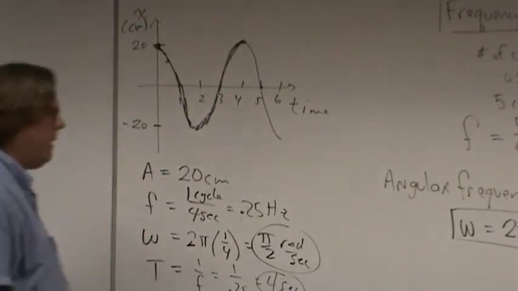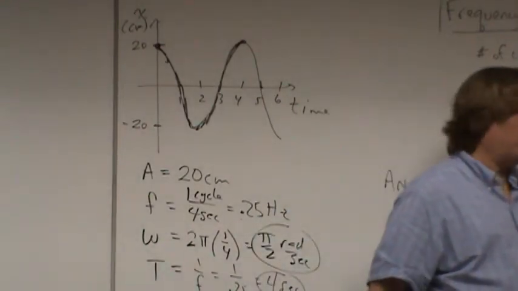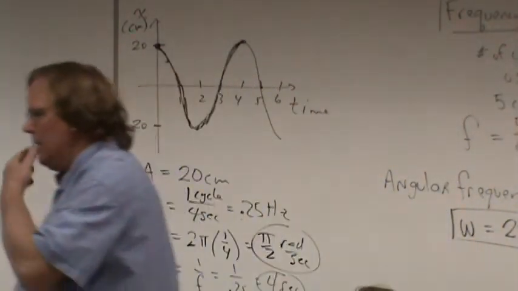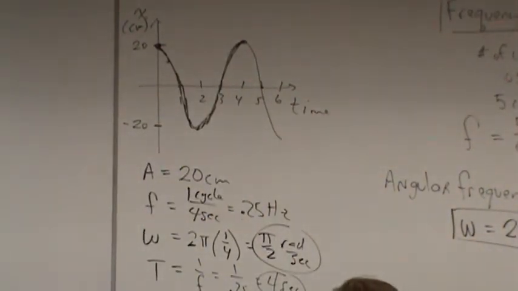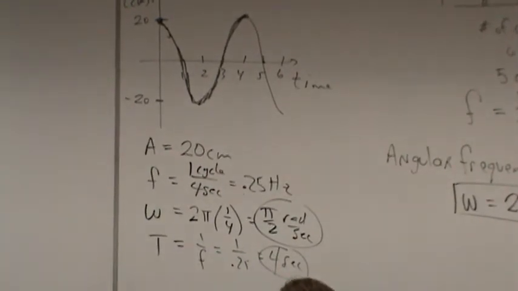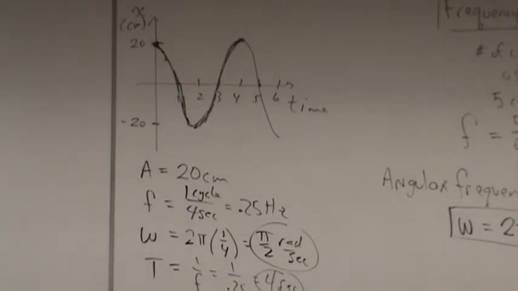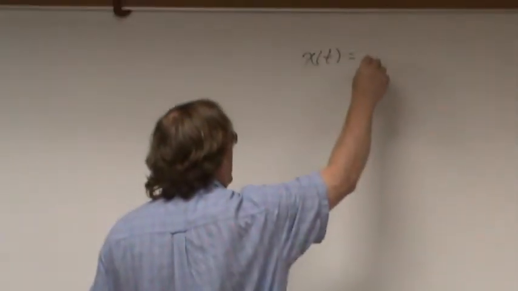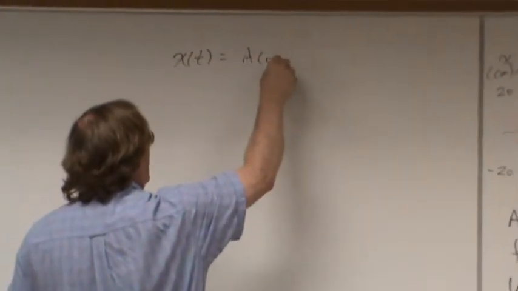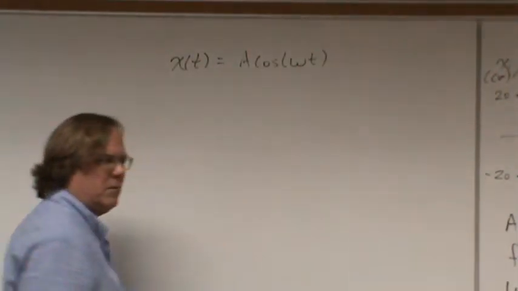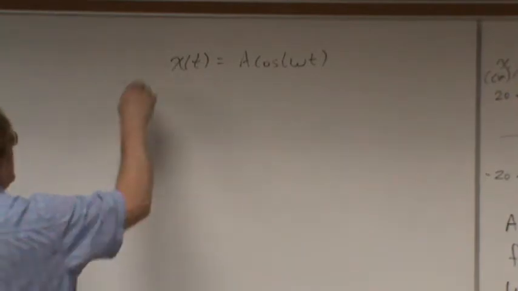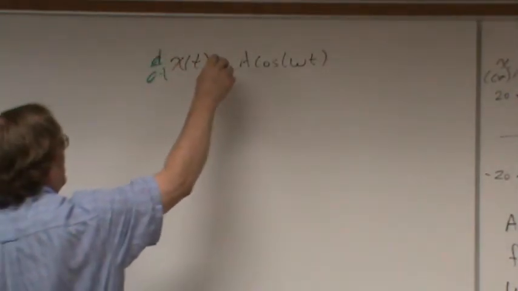There's one last thing we need to talk about, and that's maximum velocity and acceleration. And to do that, we're going to have to do some calculus. So if you're not in calculus, don't worry about this. You know how x of t equals a cosine of omega t? Well, I can take the derivative of both sides of this equation with respect to t.